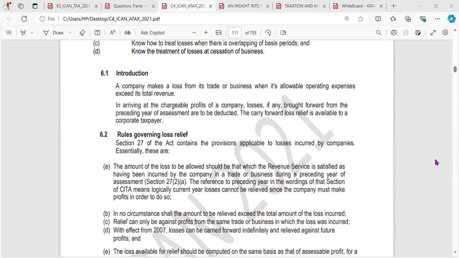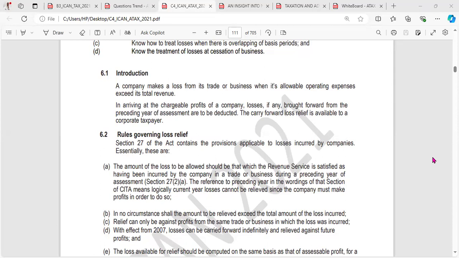So it means that in a preceding year of assessment, you make a loss, the revenue service must be satisfied with that loss before you can treat it. The reference to preceding year in the wording of that section of CITA means logically current year losses cannot be relieved because the company must make profit in order to do so.